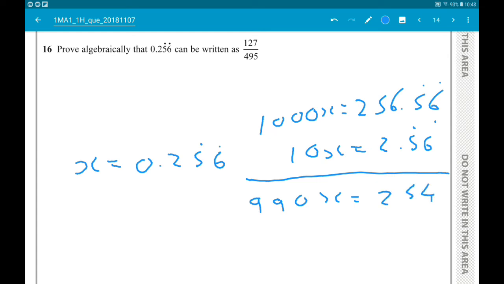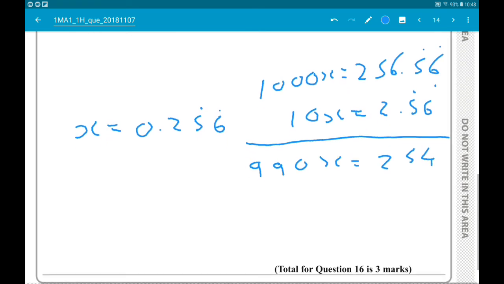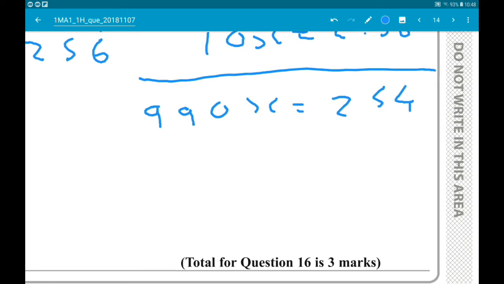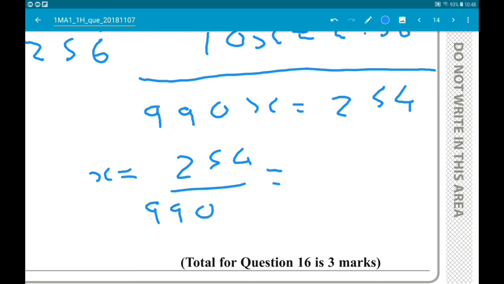Now we want to get x on its own, so we now divide through by 990 and we get x is equal to 254 over 990, which happily does have a common factor of 2 and is 127 over 495.